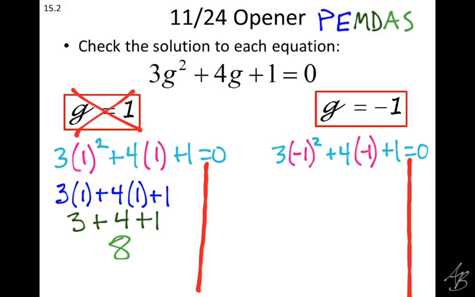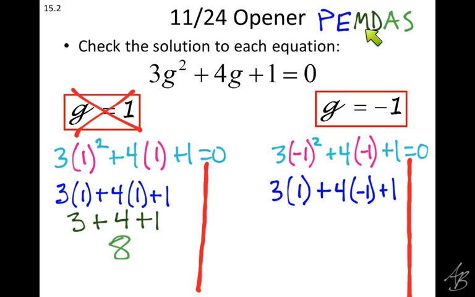I don't have to simplify the right side just like the other one because it's simplified already. It's just 0. But on the left side, we need to simplify this. So remember, we do exponents first, right? Yes. When we do the exponent here, what's -1 squared? +1. That would be a +1. Good. So we have 3 times +1 plus 4 times -1 plus 1.